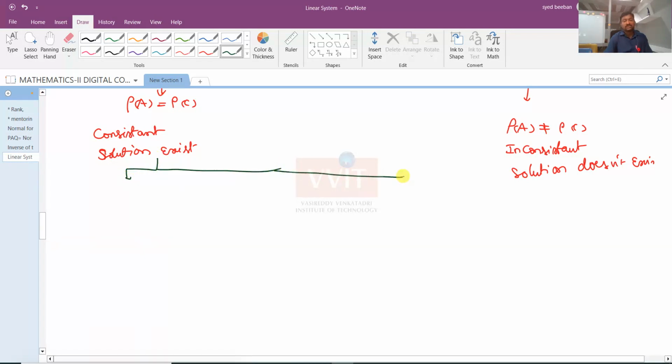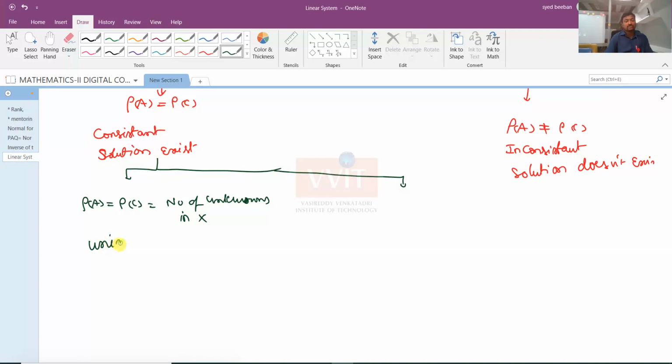If a solution exists, the possibilities are: a unique solution. For that, rank of A equals rank of C equals the number of unknowns in X. Then the system will have a unique solution.